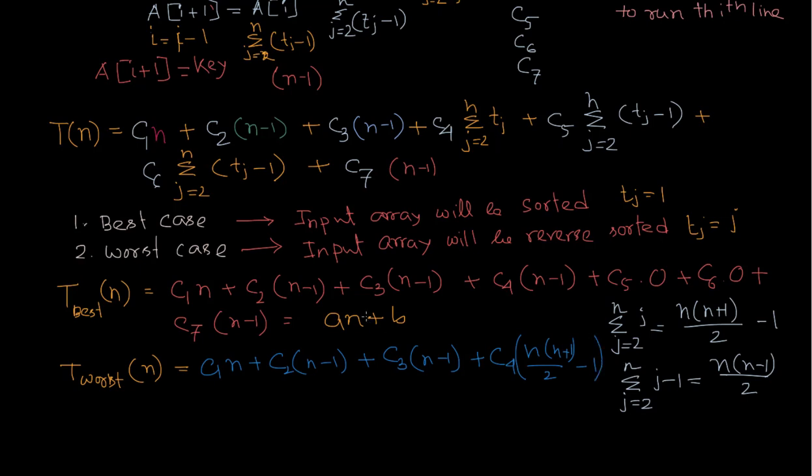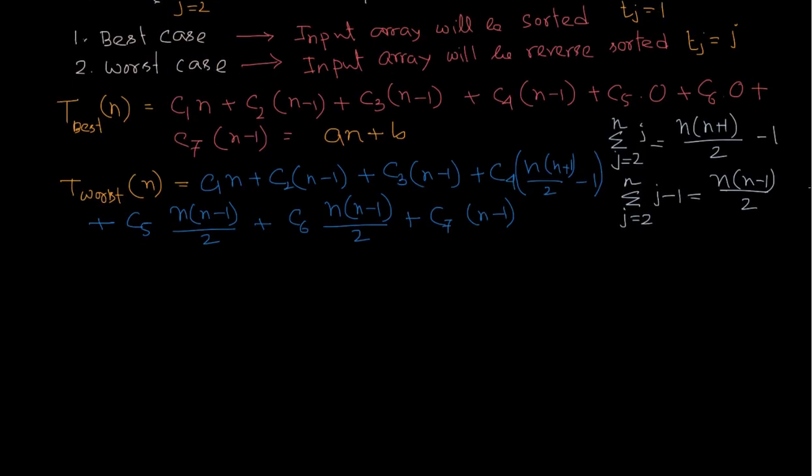So if I give a bracket over here, now this guy will be plus c5 into this guy, that means n into n minus 1 over 2, right? Plus again c6 into, I'll write in a similar way, n into n minus 1 over 2, right? Plus c7 into n minus 1 over here, okay? I'll just go down a bit.